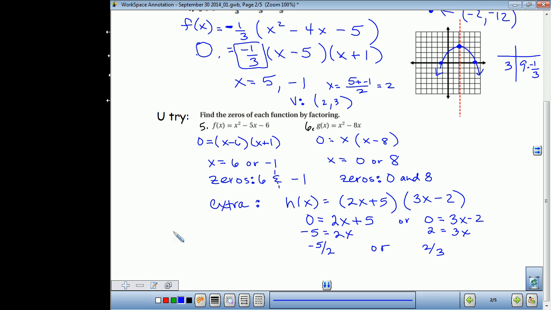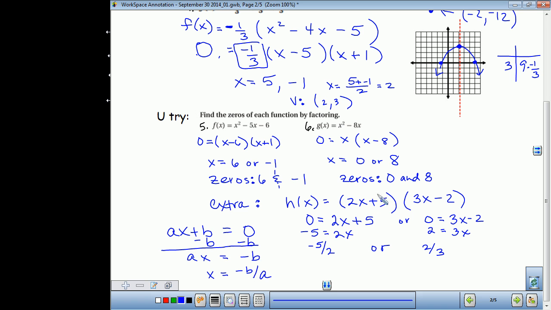Anytime our factor is in this ax plus b form, and we want to know where it equals 0, we do something every time in our head that we don't realize we're doing. Every time we move the constant over, and then every time we're dividing by the coefficient.